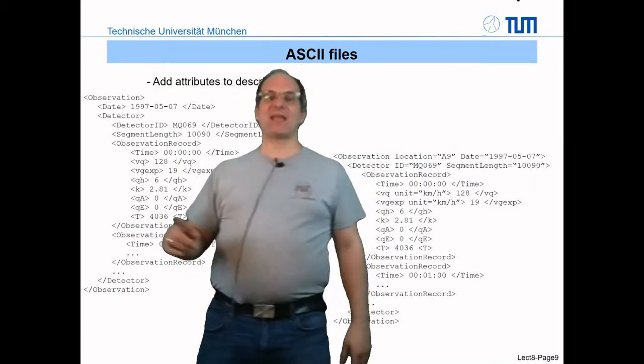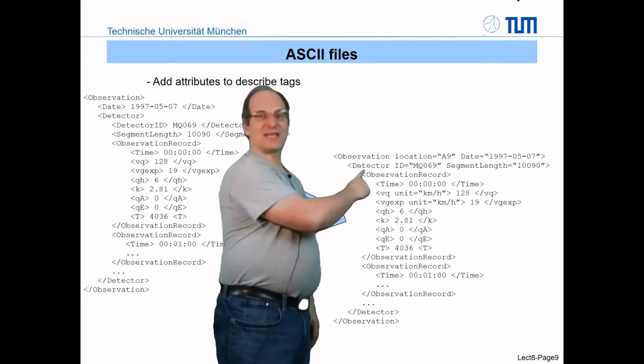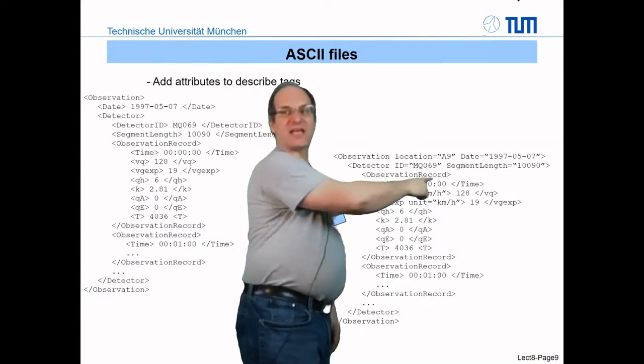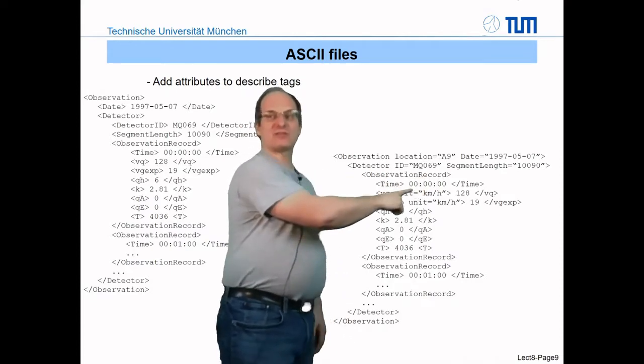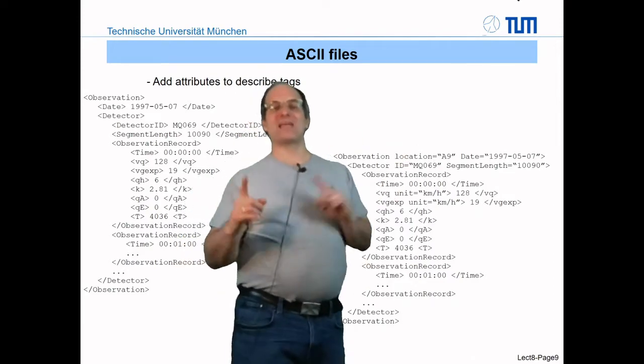And therefore you can have attributes. These attributes can be extended. For example, observation can have the location, the date of the observation, can have additional segment length. You can mix this so that you do not always have to use this style.